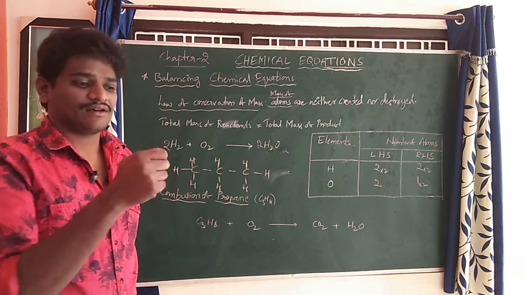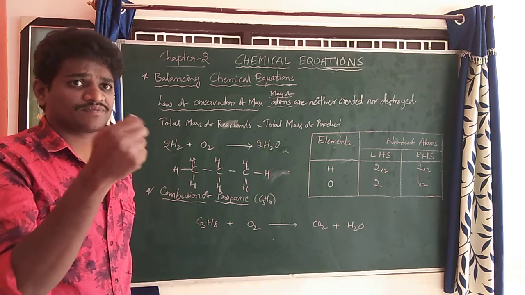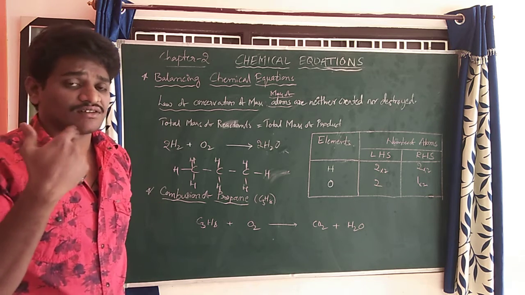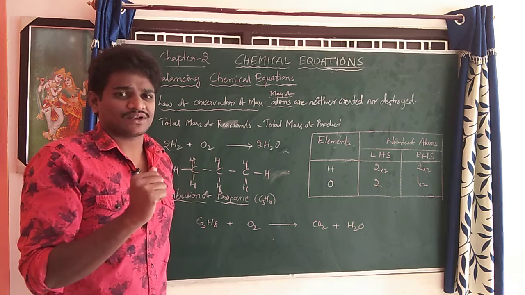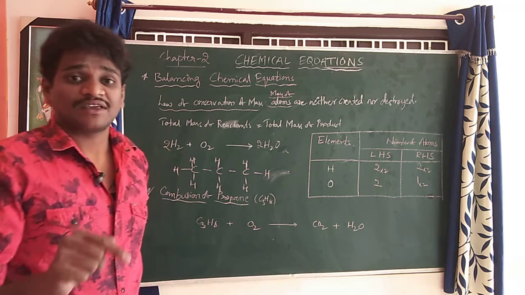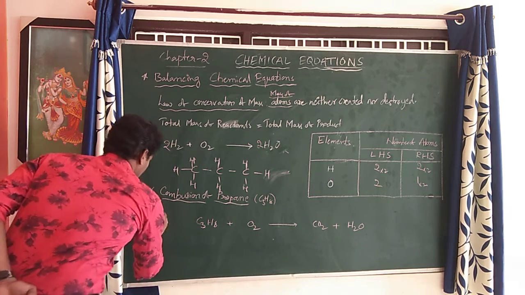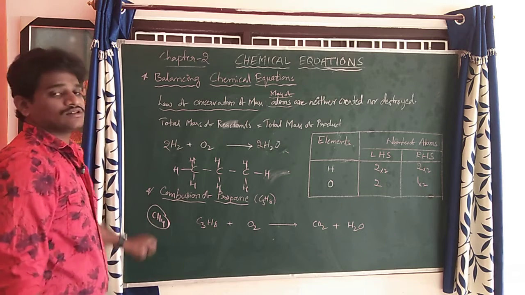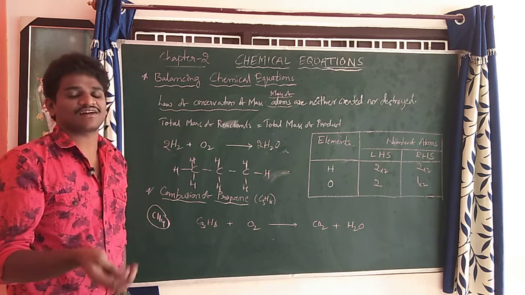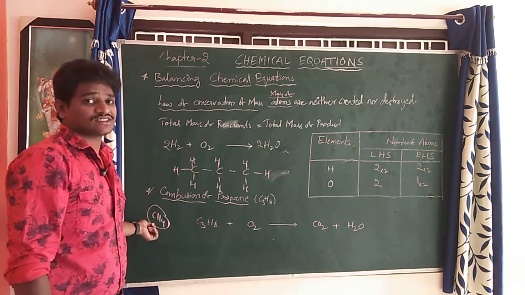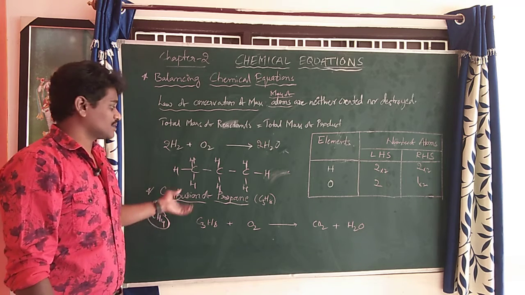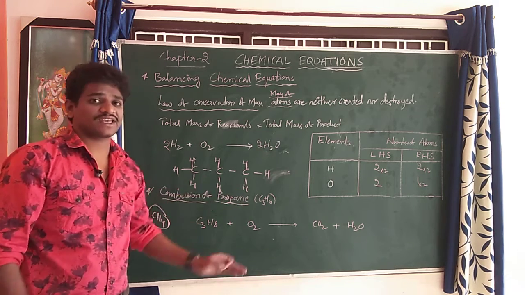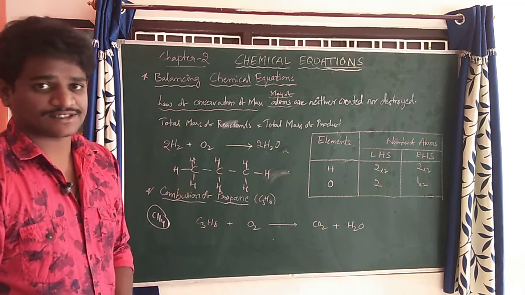But when any gas leaks, we smell a different odor. That odor comes from methane, CH4. Methane gas is also used to detect whether the gas is leaking or not. So a combination of methane gas and propane gas is filled in the cylinders.